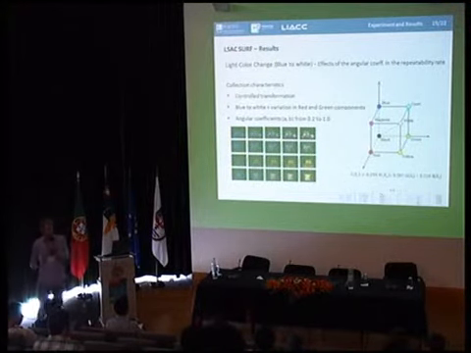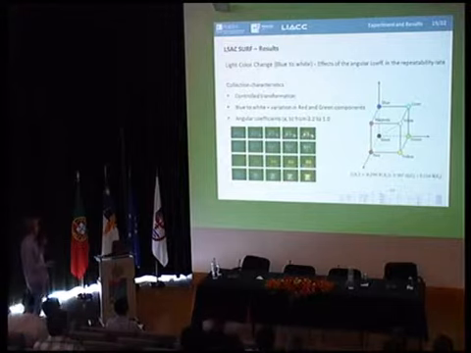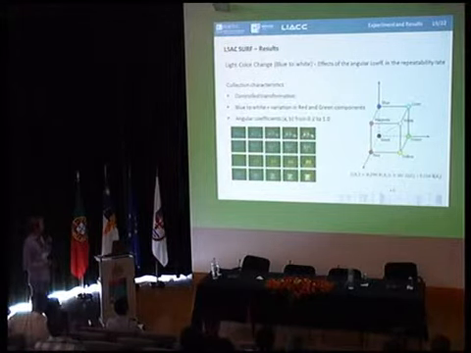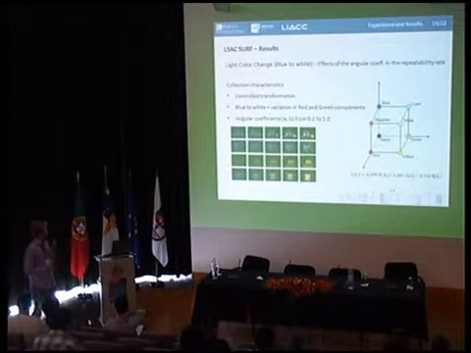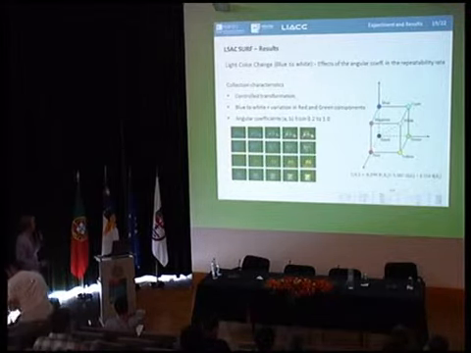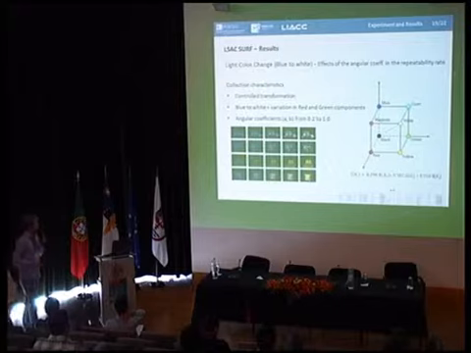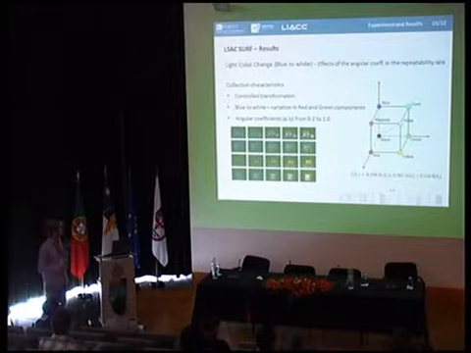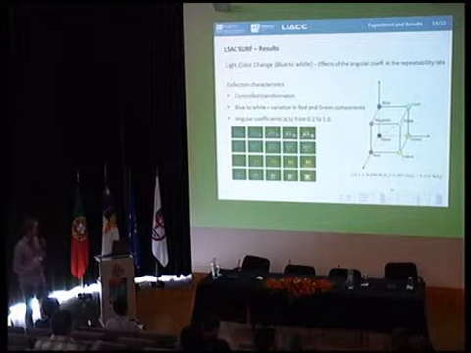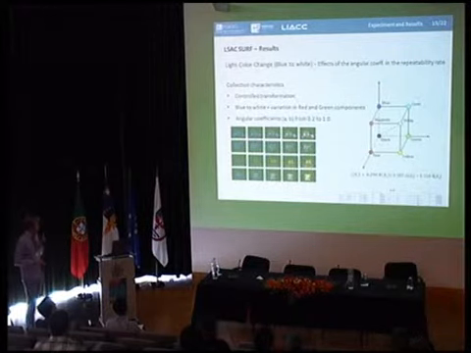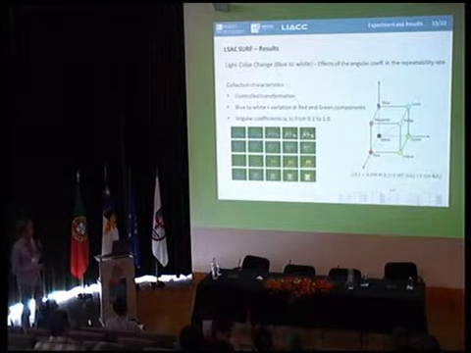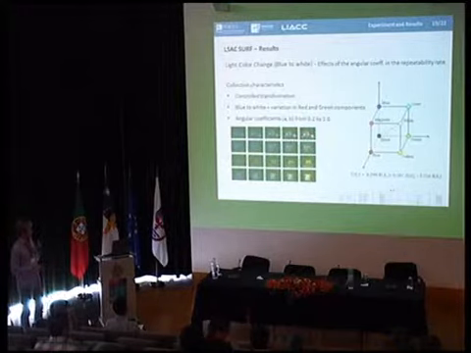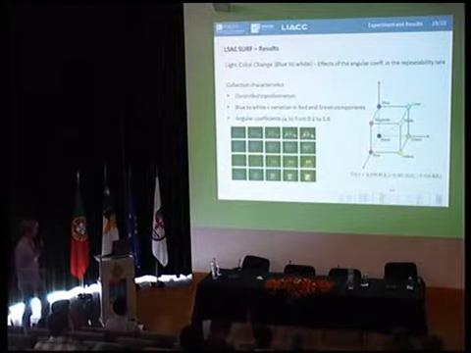With that result, we designed another experiment in which we varied the color of the illuminant from blue to white. For that, we varied the angular coefficients A and B from 0.2 to 1.0. So here I have a variation from blue to white, in which red and green were varied.